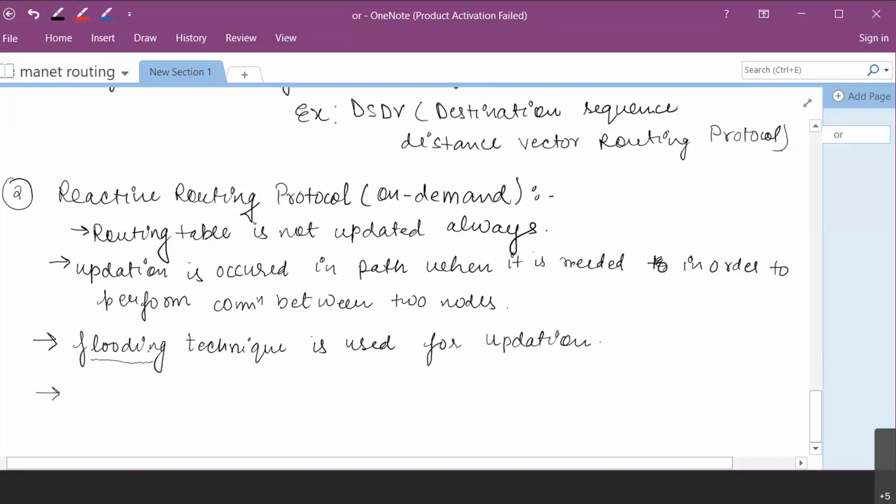This routing technique is recommended when the nodes' mobility is high. We could not estimate the current position of a particular node when the mobility is high. So that's why this routing technique is utilized.